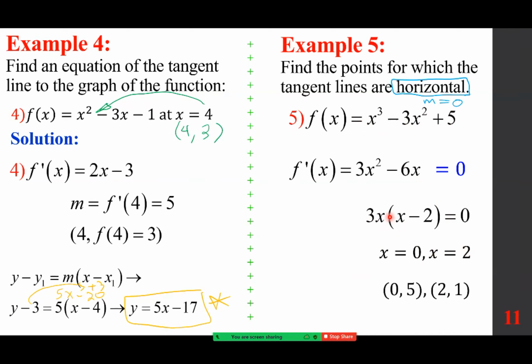So make sure you plug into the original equation to find x and y coordinates of the pairs. In other words, we don't want to be under the assumption this is a pair 0, 2. No, 0, put it into the original function, gives you one pair. 2, put it into the original function, and it gives you another.